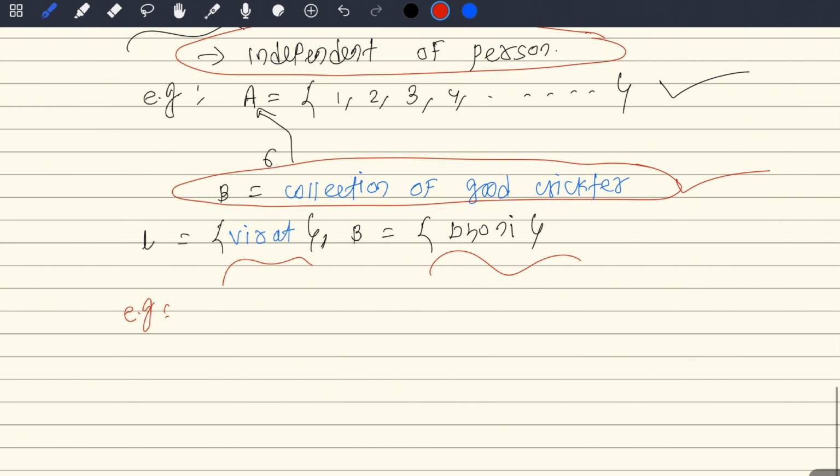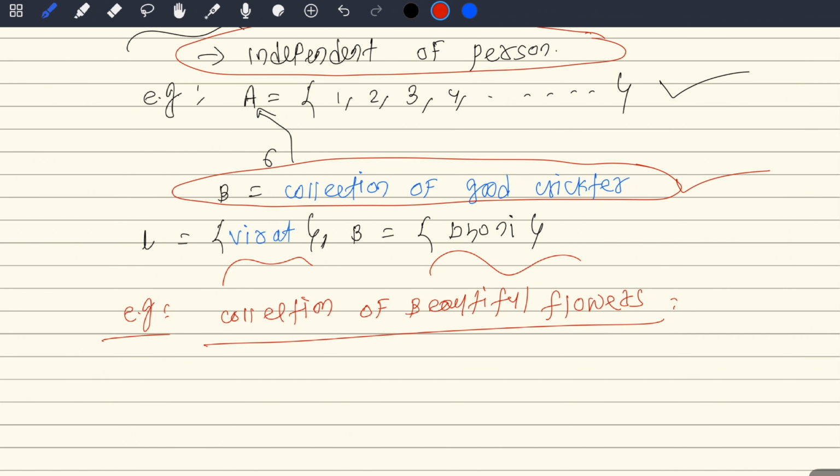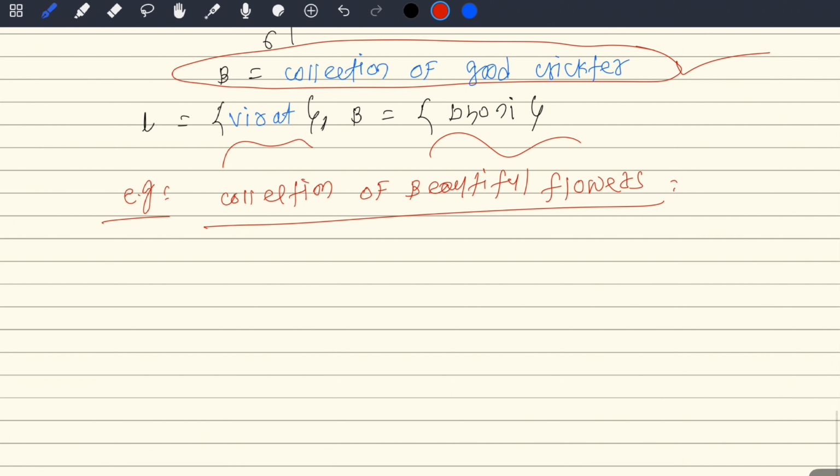So let me give another example. Suppose I want to collect the collection of beautiful flowers. Now tell me, is it a set or not? So you observe, right?